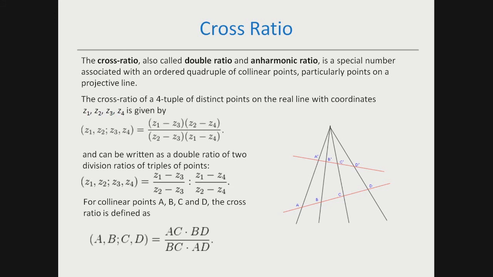In this case, the cross ratio of the 4 points A, B, C, D will be AC multiplied by BD divided by BC multiplied by AD. This number will be here and the same will be here. And this is the ratio that is preserved, along with collinearity, under the projective transformation.